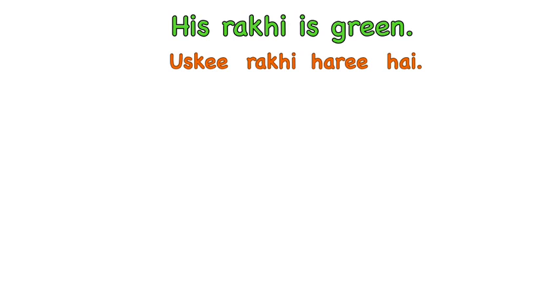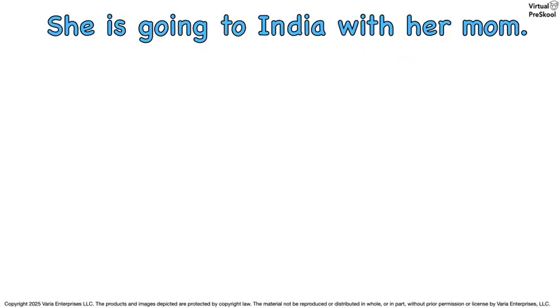That's it. Because Rakhi is a feminine noun. So uska and uski are how we say his and hers in Hindi. We use uski because again Rakhi is a feminine noun. And we inflected green, hara, to hari because again Rakhi is a feminine noun.